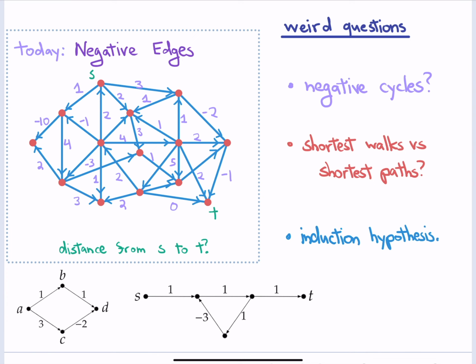That approach, building up from 0 on out, was the induction, how we proved correctness by induction. But that logic broke here. So we'll need to come up with some other way to think inductively about the problem that's different than what we did last time. Okay, so 3 basic questions.